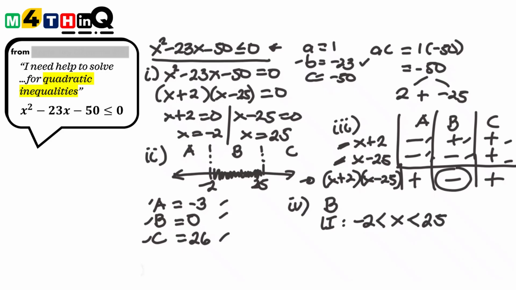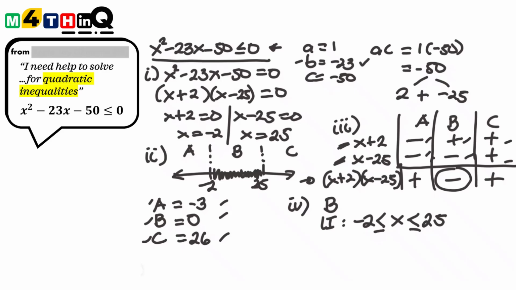But this is not yet complete, because when you go back again to your inequality, and it's also very important, you have here equal. That's less than or equal to 0. That would mean we are also going to place equalities on your linear inequality form. This supports the fact that -2 and 25 is part of it.